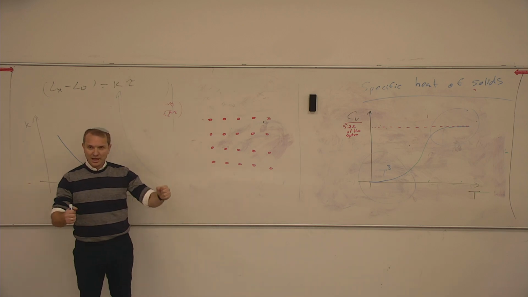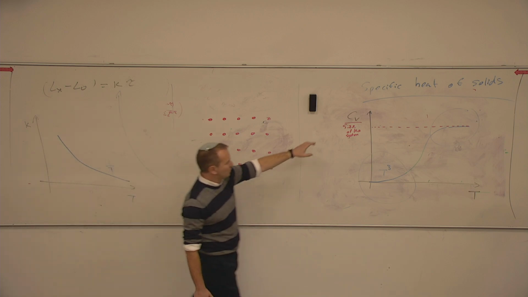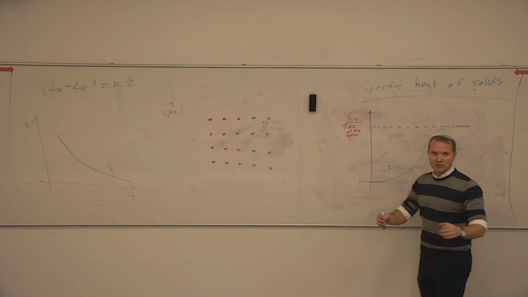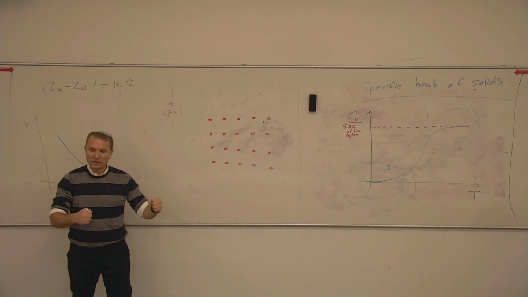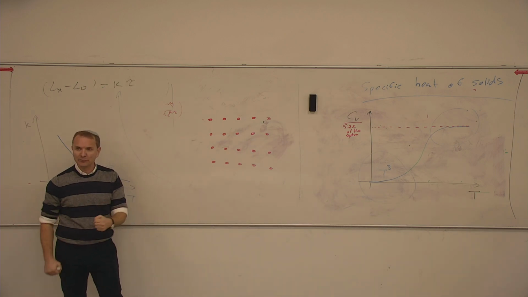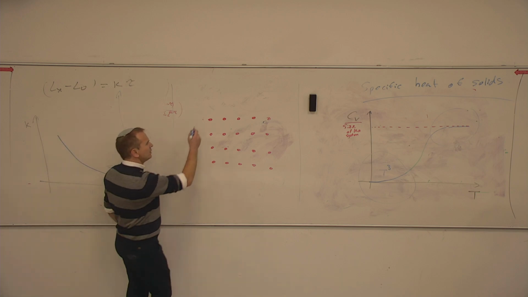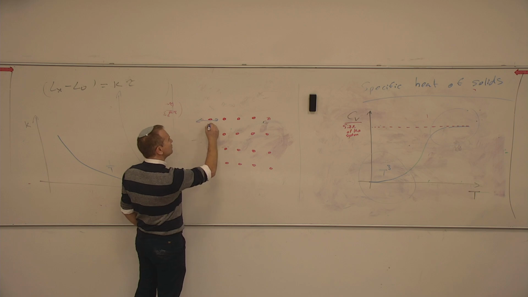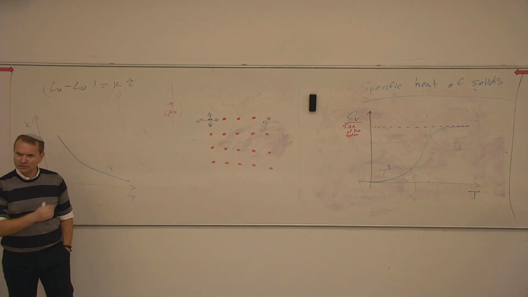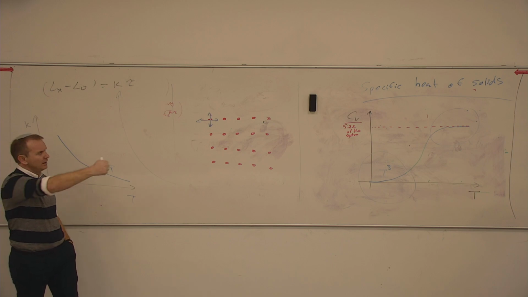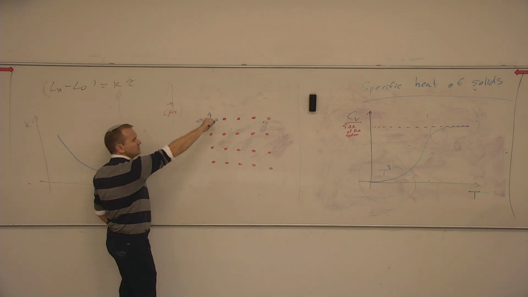Now, I know that when I heat up the system, this is what happens when I'm trying to compute the specific heat, the particles somehow rattle a little bit more. Or when I cool this down, they rattle a little bit less. But overall, I know that there are 3 degrees of motion, that's reasonable, for each and every particle. So it can move in the x direction, in the y direction, and let's assume that this is the z direction.